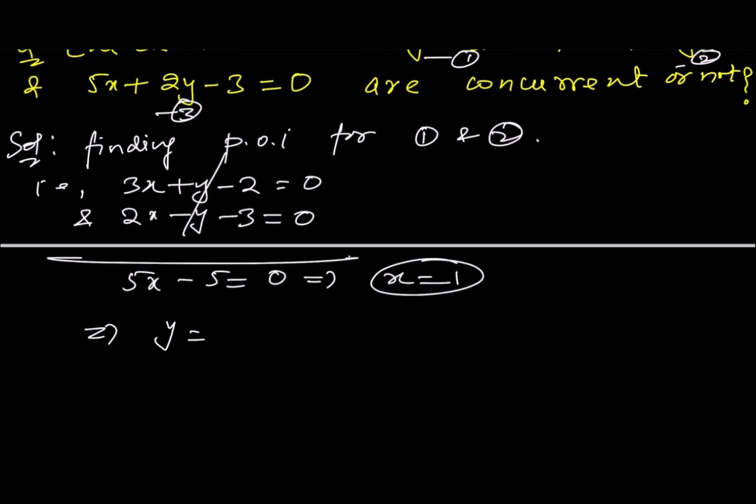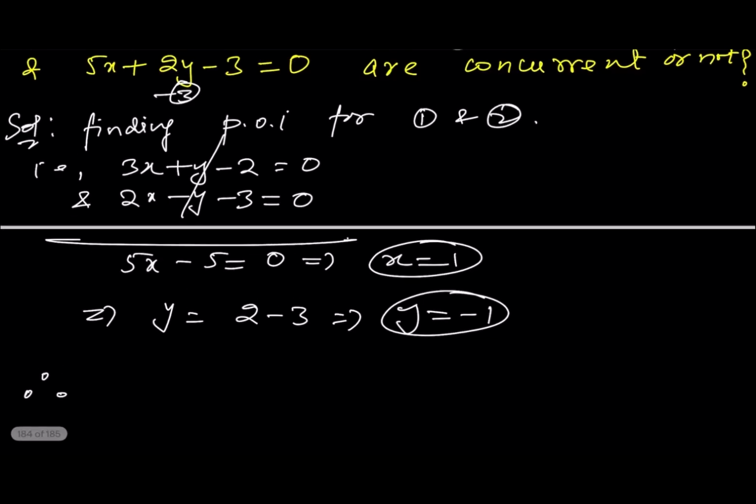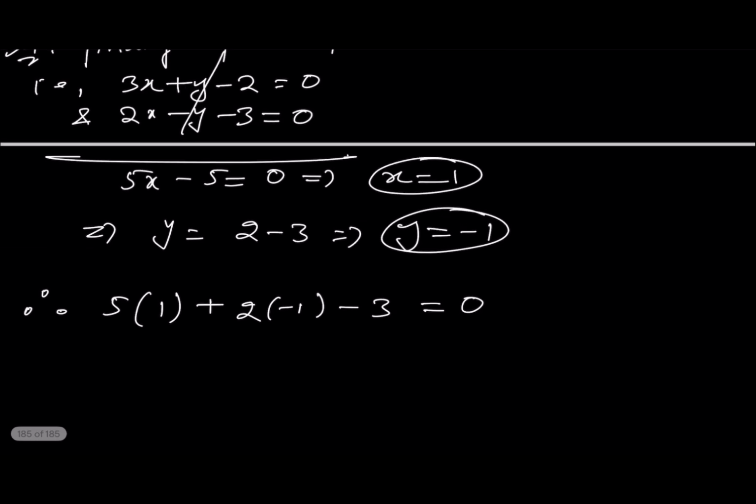So y is equal to 2 minus 3, which is y is equal to minus 1. Now if the third line is passing through 1 and minus 1, then 5 into 1 plus 2 into minus 1 minus 3 is equal to 0. 5 minus 5 is equal to 0, implies 0 is equal to 0.